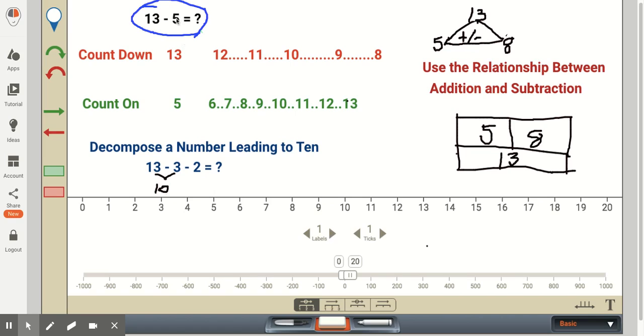So we've broken up the 5 into 3 and 2 to allow our students to subtract 13 minus 3. We have our 10. And since we've already subtracted 3 out of the 5, we have 2 more to subtract. So 13 minus 3 is 10, and then 10 minus 2 will give us the 8. This is a great strategy to use for some of our problems. Basically, we're hoping our students find an efficient way for them to solve these subtraction problems.